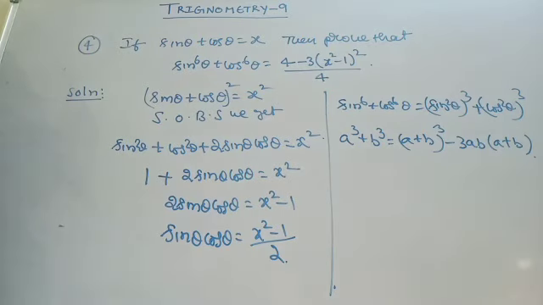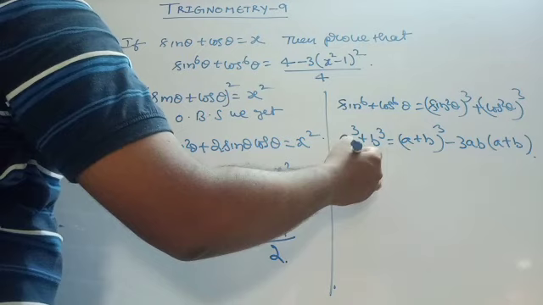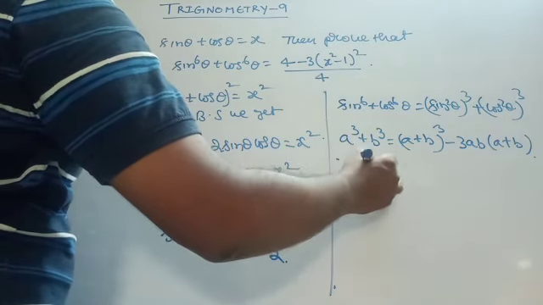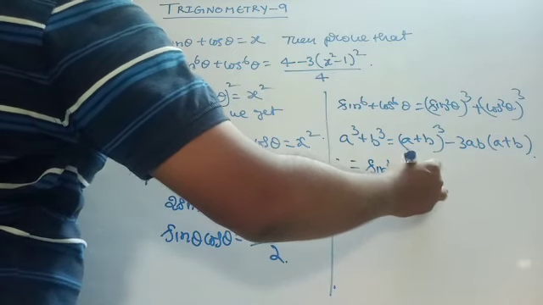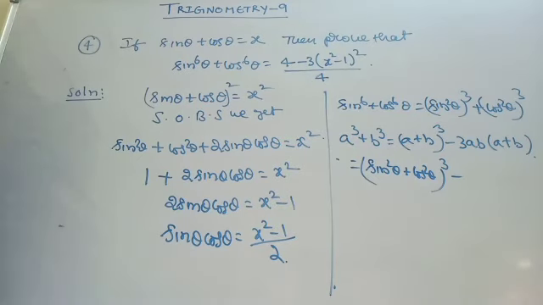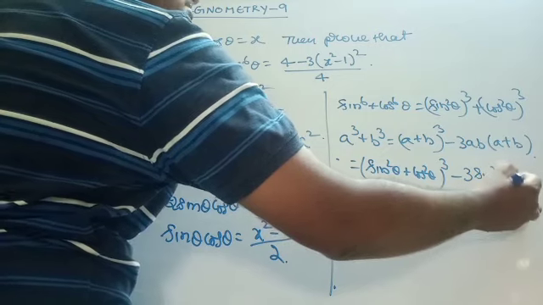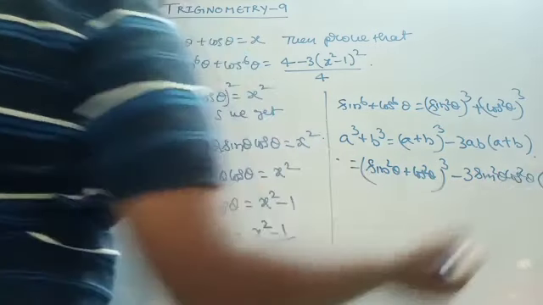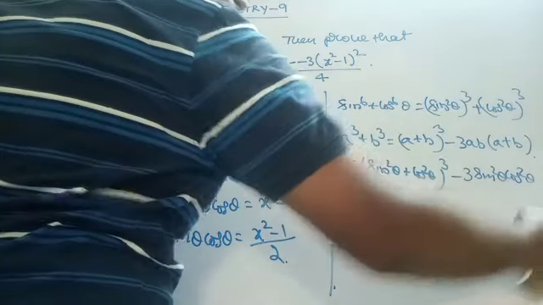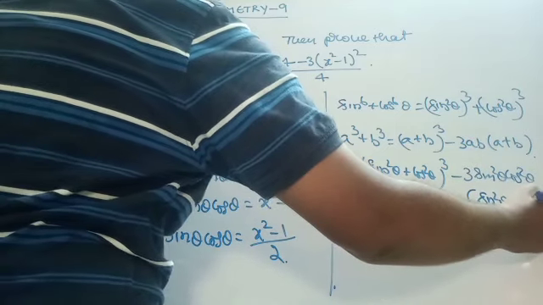Now from this, sin power 6 theta plus cos power 6 theta equals sin square theta plus cos square theta whole cube, minus 3 into sin square theta cos square theta into sin square theta plus cos square theta.